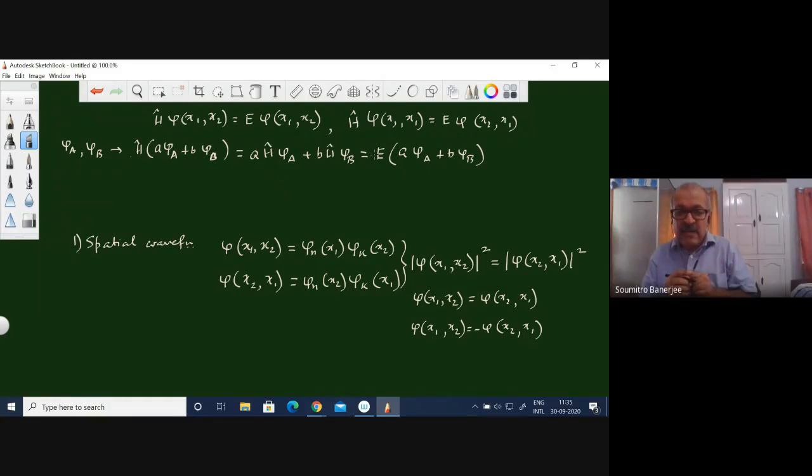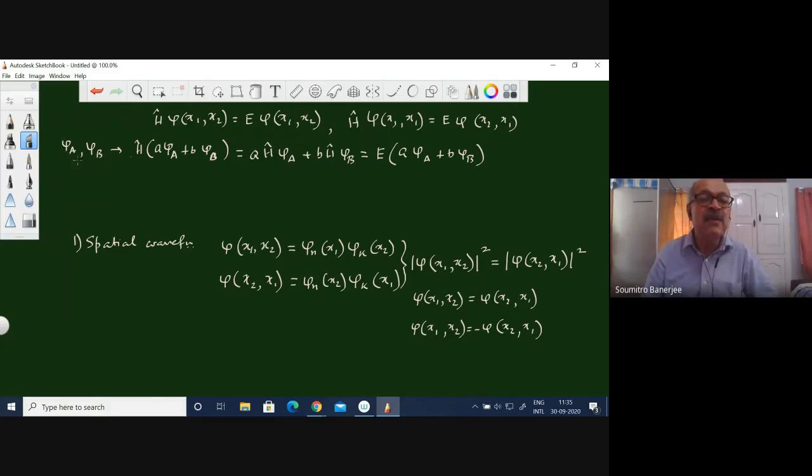Which means that we have a situation where these individual components, if we reverse the positions of 1 and 2, are not symmetric, not antisymmetric either, but we might try to construct a new eigenfunction as a linear combination of these two eigenfunctions, the way we have done it here.